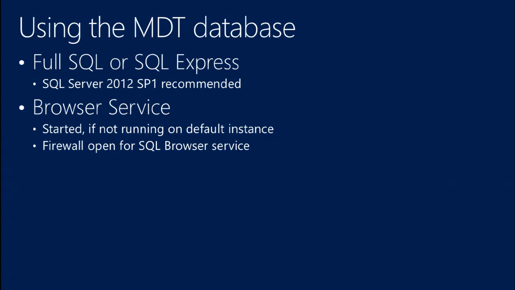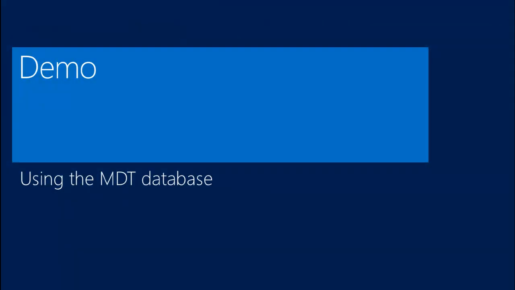So no worries there. If you do decide to run it on another than the default instance, or if you're running SQL Express, which by default has its own instance, you need to enable the browser service. You need to open the firewall, not only 1433 TCP, but also 1434 UDP. Otherwise, you will see that it cannot connect back to it. So how do we do this?